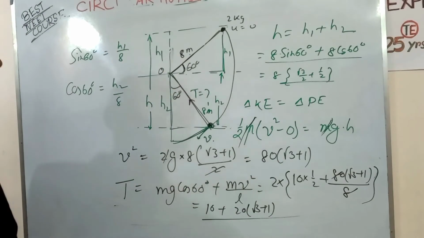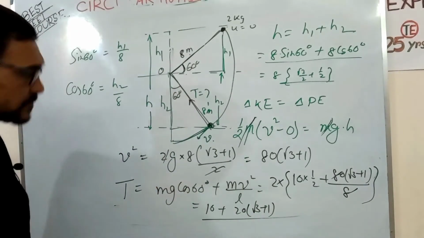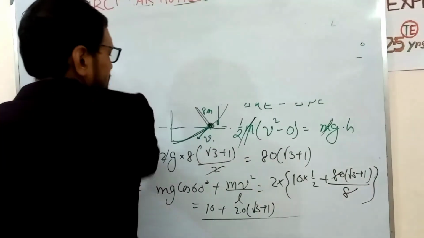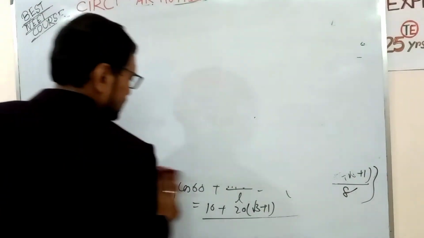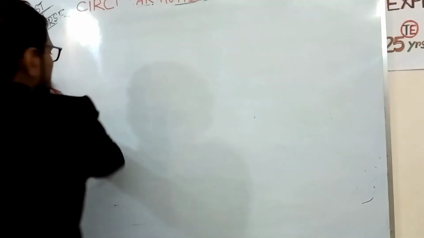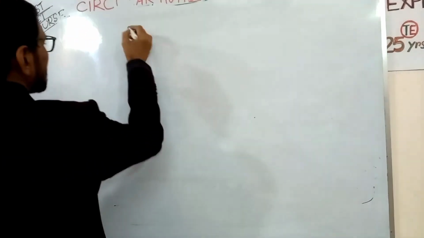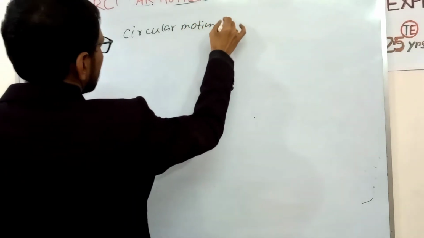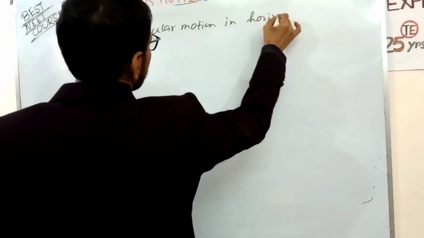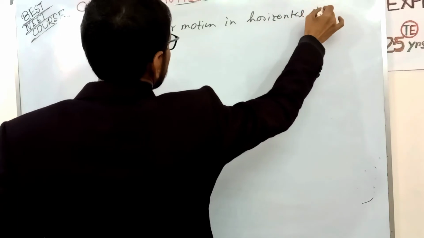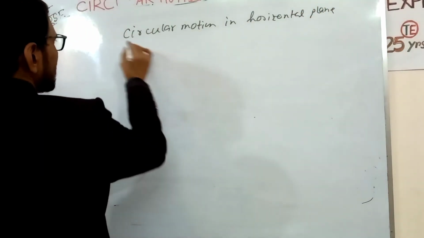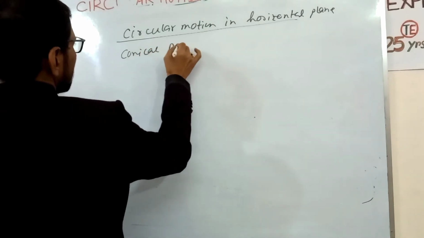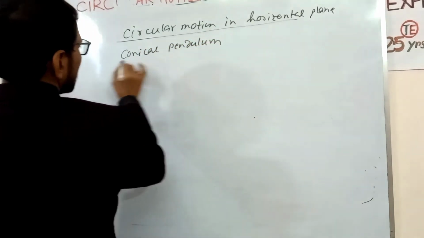This is the tension. Now, what is circular motion in a horizontal plane? Circular motion in a horizontal plane, or the conical pendulum.